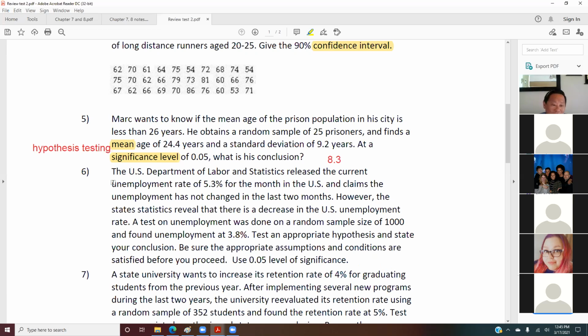So read question 6. What is a keyword for that? Level of significance. Very good. And also the words hypothesis testing. So you know this is about hypothesis testing, not confidence interval. But is this mean or is this proportion?